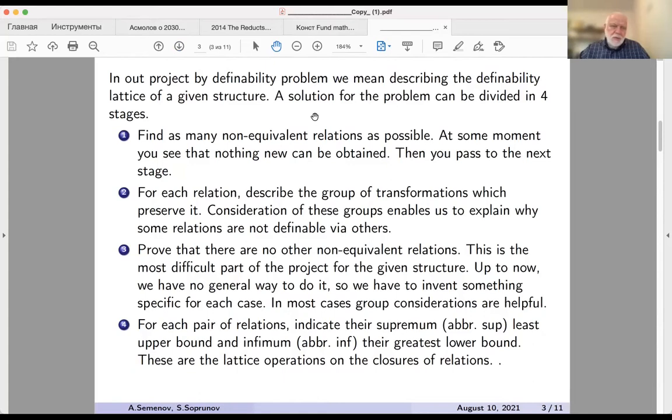In our case, one relation. If you have any finite number of relations, it's actually the same as having one relation. For infinite sets it is different.